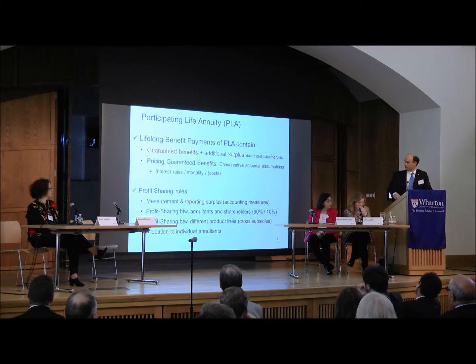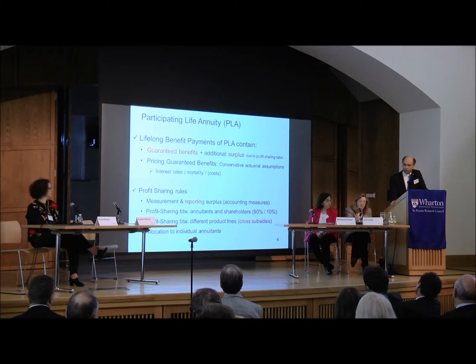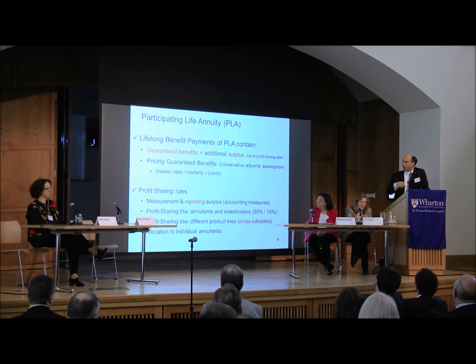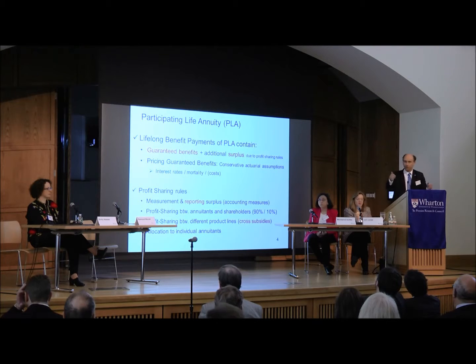This profit sharing rule has different components. First, you have to really write down how to measure and to report surplus. That's not easy. It should not only be at the discretionary choice of the CEO; you should really write down how to measure and report surplus.